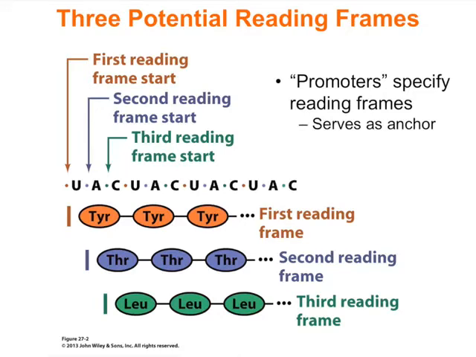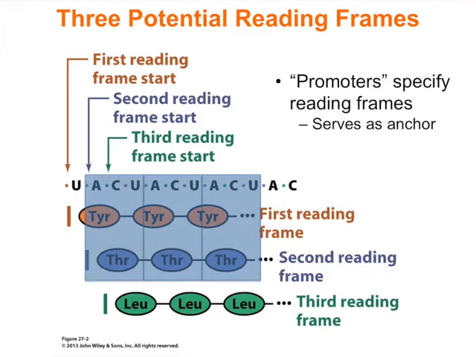We could have 3 different frames of reference in the same section. So without any anchor, we could have the first reading frame, which codes for tyrosine. If we didn't have a promoter that anchored the machinery and made mRNA that started at the right nucleotide, we could also have a second, completely different reading frame, where in this case, instead of tyrosine, we get threonine.